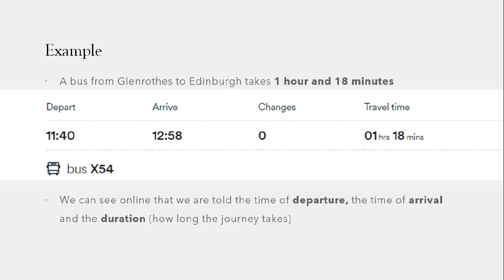It says 0 changes, so there's no need to swap bus. You just stay seated on the same bus, and the travel time is 1 hour and 18 minutes. We see online we are told all of these details. None of this is hidden from us. We don't have to do maths to work any of it out. It's very nicely laid out.